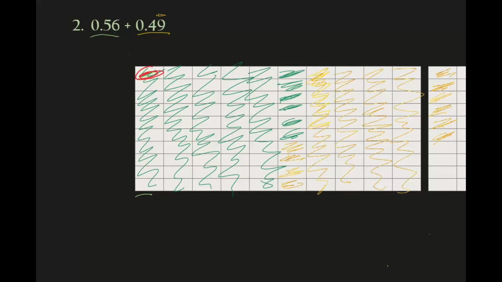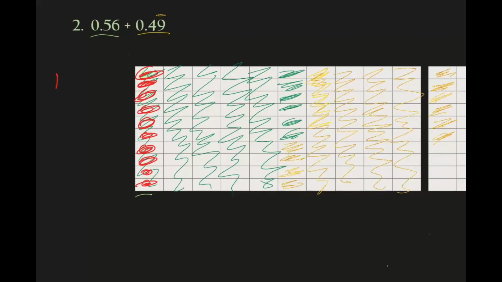So we have 1, 2, 3, 4, 5, 6, 7, 8, 9, 10. Now, thing is, you don't even have to count this whole block. Why? Well, because it's fully shaded. That means our whole number is gonna be 1.